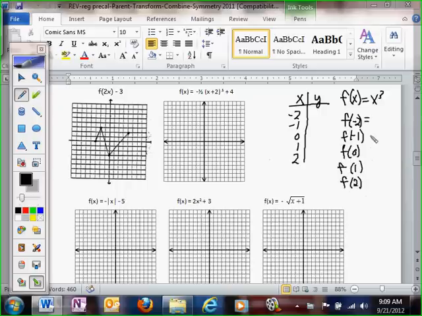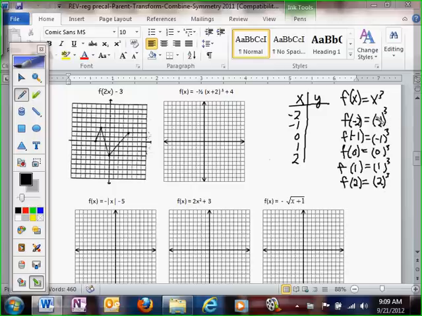So I'm simply just going to rewrite my function f using a set of parentheses everywhere I have an x. Then I'm going to input this x value, and then I'm going to simplify.